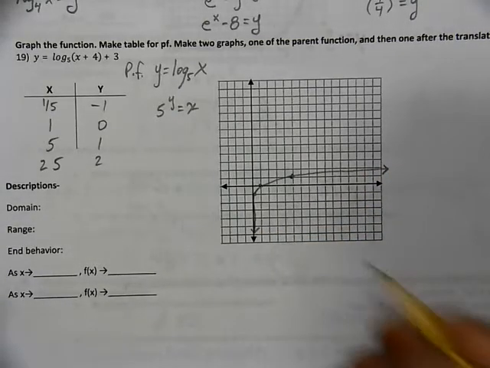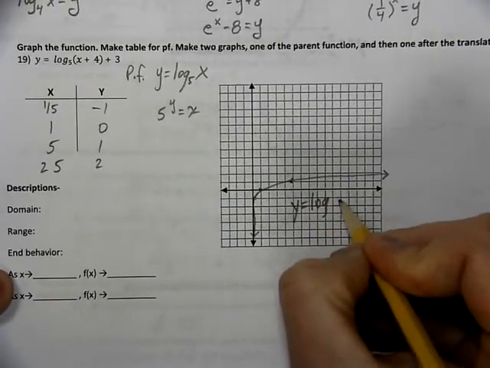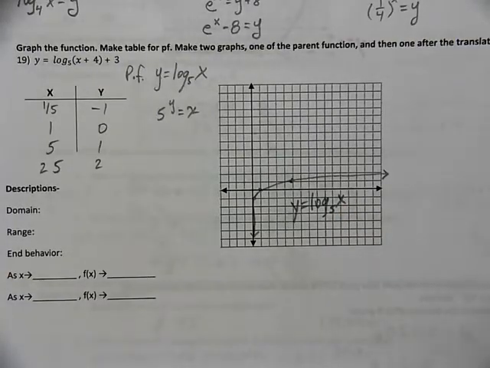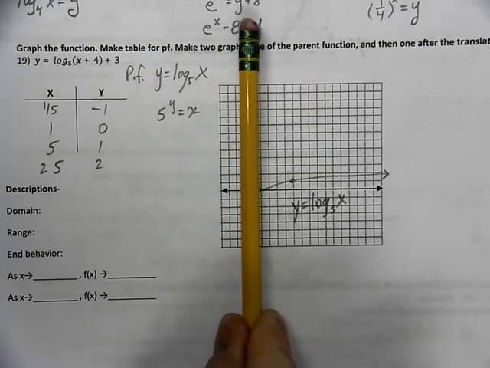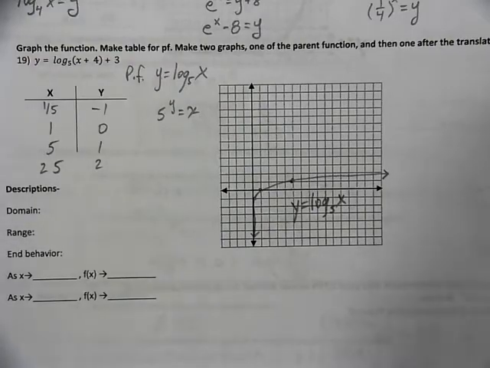So for this equation, I know that we have y equals log base 5 of x. We have an asymptote that's following the y-axis this time. We don't label it until we get to our final graph.